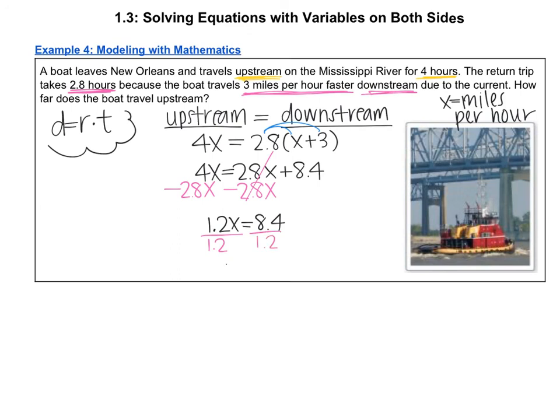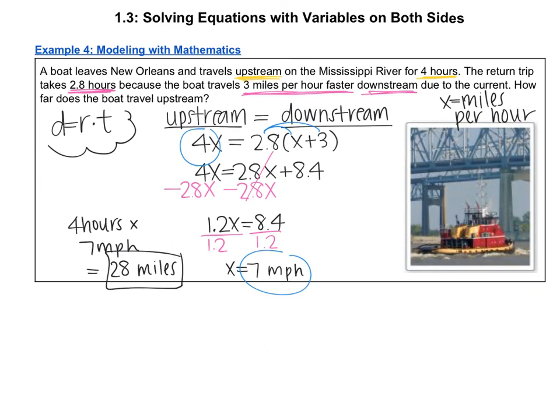When you do that division, you end up with 7. So I'm traveling 7 miles per hour upstream, but I want to know how far I'm going. So if I'm going 7 miles per hour for 4 hours, off to the side here, I'm traveling for 4 hours times 7 miles per hour, which means I'm going a total of 4 times 7 is 28 miles.